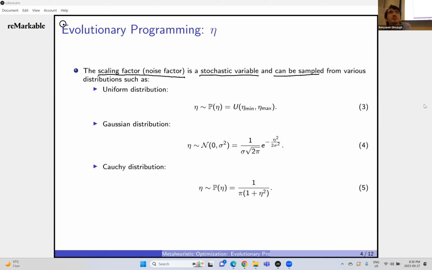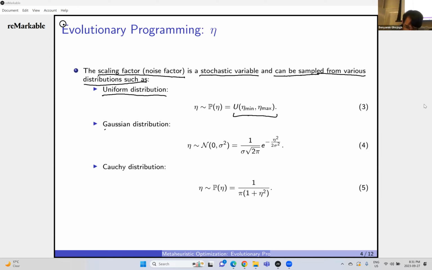Stochastic means it's random. Okay. And it can be sampled from various distributions, such as the uniform distribution. For example, I have some eta min and eta max, some range for eta, and I can randomly sample from this continuous uniform distribution between eta min and eta max, right?